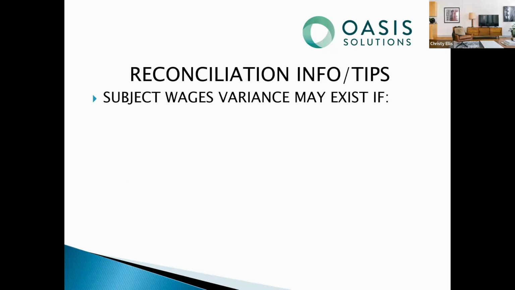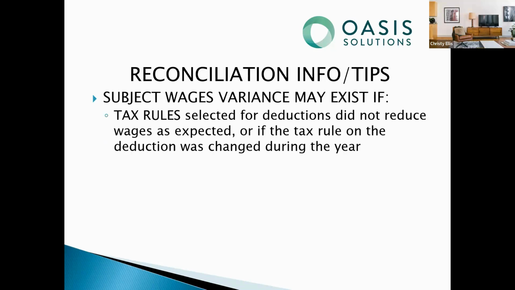Now, what happens if you do your calculations and you run your Atrix grid and you do see a variance? Why would there be a variance? There are three reasons that I found that might cause a variance in your calculations. The first one is if the tax rule you selected did not reduce the wages as expected, or if the tax rule on the deduction was changed sometime during the year.